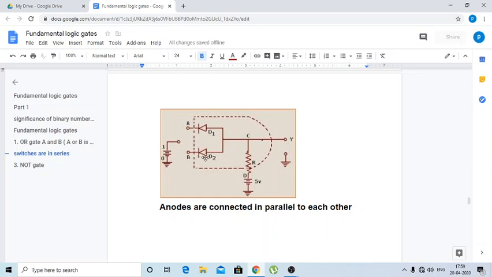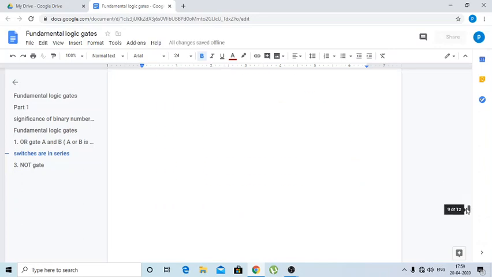But here in AND gate, remember, output is high if and only if both the switches are working, both the diodes are working. So the plates or anodes of the two diodes are connected parallel to each other, and we have the output at load resistance. So this is the circuit diagram of the AND gate.